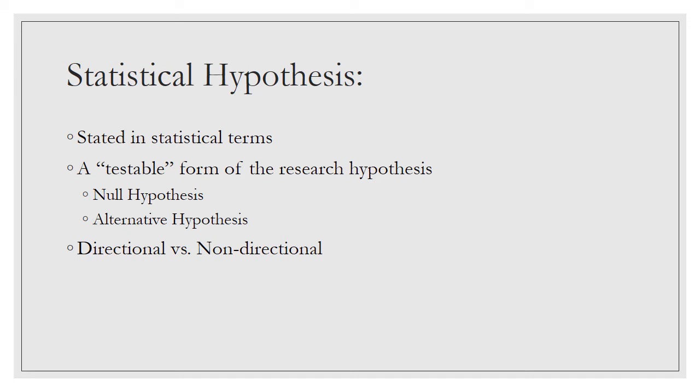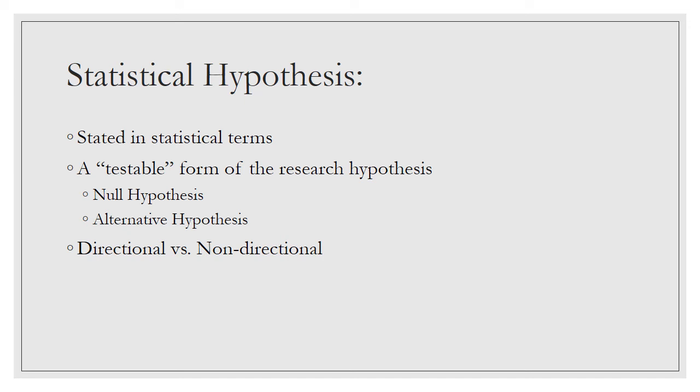So in a non-directional hypothesis, the null hypothesis simply states that there's no difference between the effect we're interested in, whereas the alternative hypothesis says there is some difference. In a directional hypothesis, the alternative hypothesis is going to say usually a statement about greater or less than, and the null hypothesis will always be all other conditions.